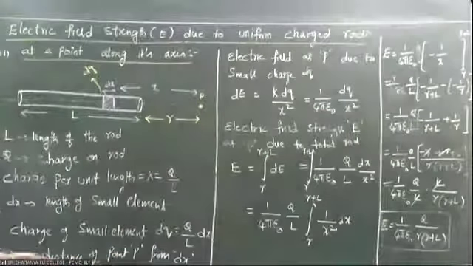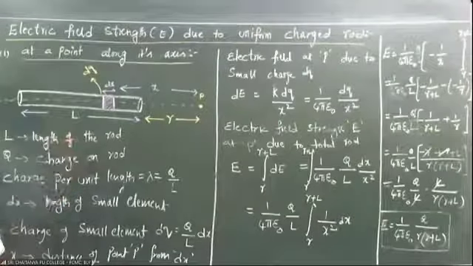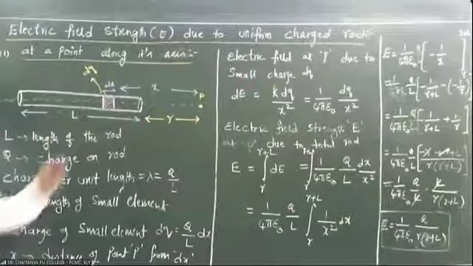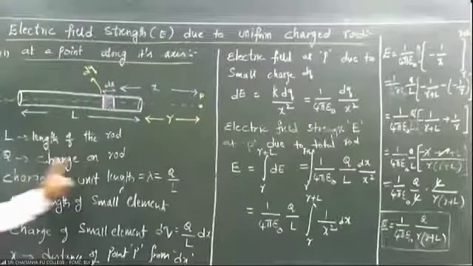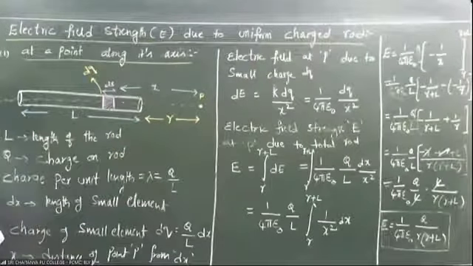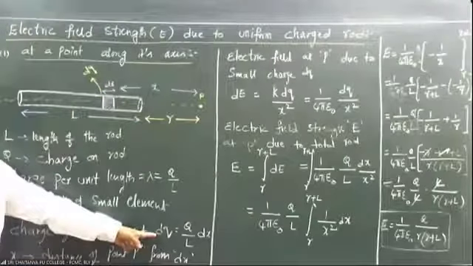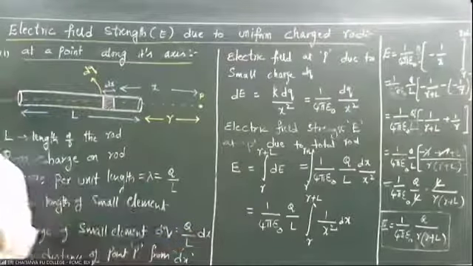This is the way of doing the problem. See, what steps we followed? Whenever these extended bodies are given, make them into small parts, find the charge per unit length. Then take a small element, then find the charge on that element, dq, Q by L dx.